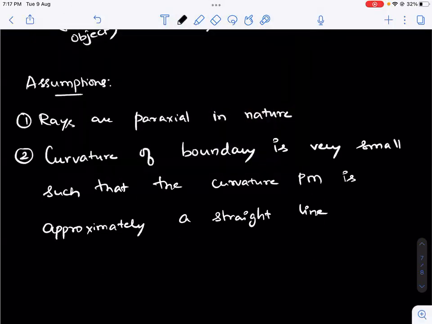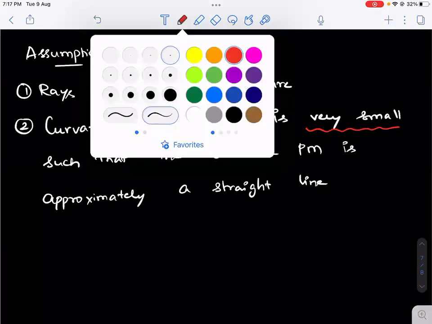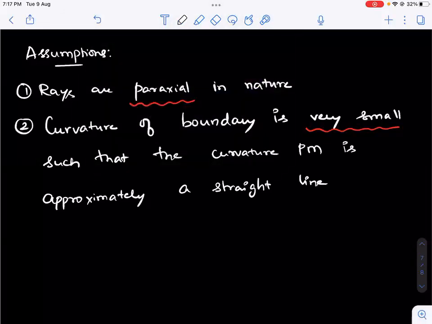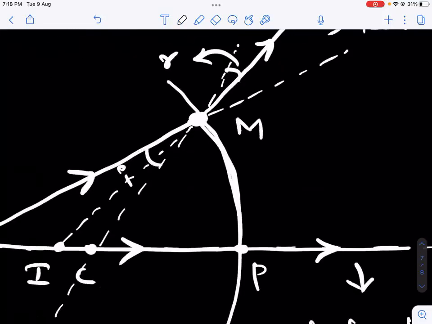So the important points to be underlined here are: rays are paraxial in nature and curvature is very small. Now, having these 2 points in mind, if this angle is R, okay, and if I zoom in and look, this angle will also be R. Is that right? Because they are vertically opposite angles. So how much will be the remaining angle? It is going to be I minus R.